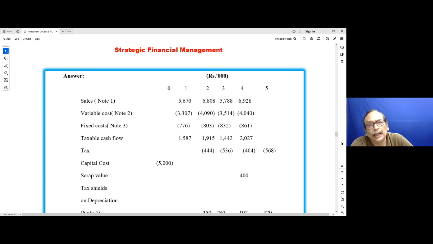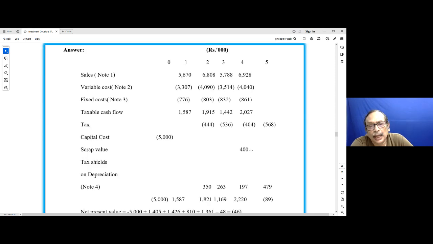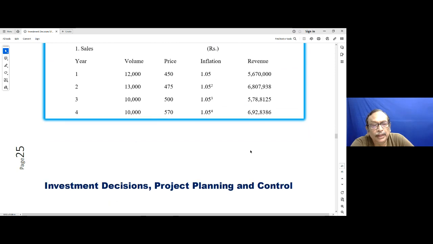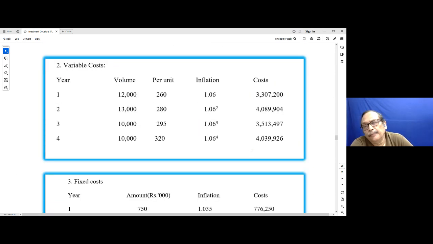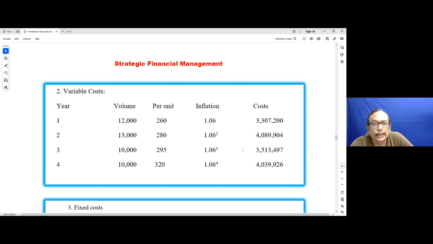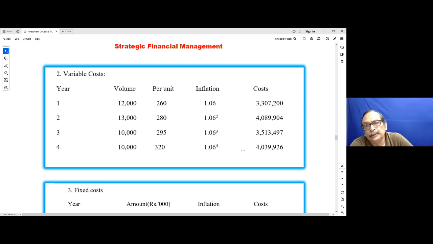Then we are going to calculate the variable cost as per note 2. Variable cost has 6% inflation. At a volume of 12,000, per unit is 260, inflation being 6%, it comes to 1.06, and the cost we get is 3307200. In the second year, volume is 13,000, per unit is 280, so inflation will be 1.06 squared, 4089904.